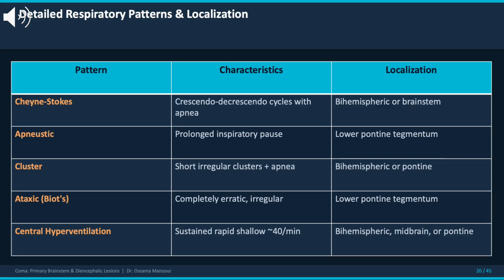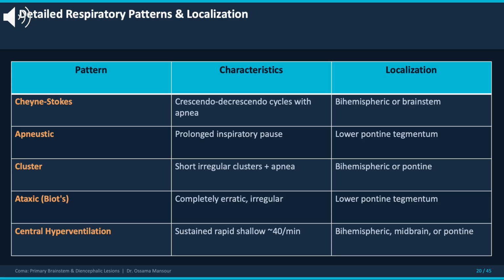Cluster breathing manifests as frequent, short, irregular, and shallow breaths occurring in clusters followed by an apneic period, and can be seen with either bihemispheric or pontine lesions. Ataxic breathing, also called Biot's respiration, is characterized by completely erratic, irregular breathing that is unpredictable in both volume and frequency.